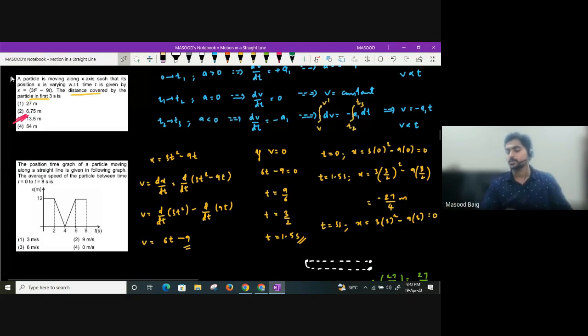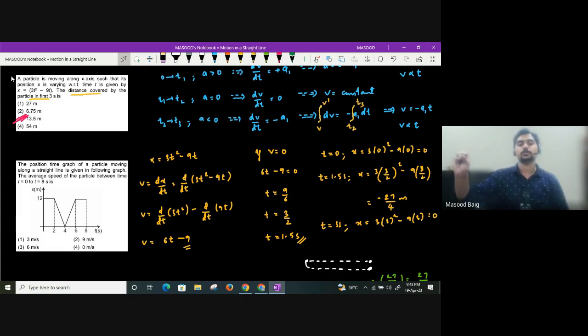Whenever position versus time graph is given, you need to check whether in the given time interval velocity becomes 0 or not. If velocity is becoming 0 in the given time interval, then distance and magnitude of displacement in that particular time interval will not be same. So wherever velocity is becoming 0, you will check at what time it is becoming 0. You'll find the position there.